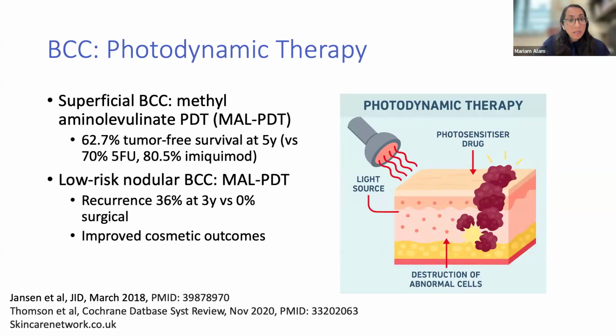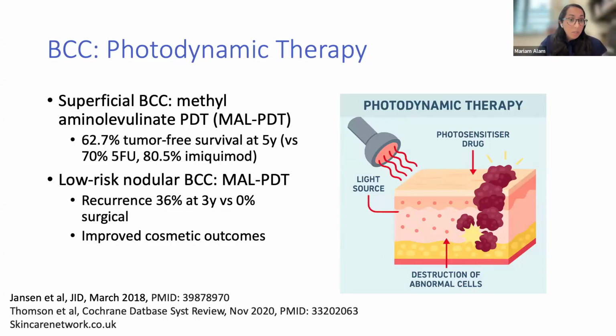There, again, is some evidence for PDT in low risk nodular basal cells. There's a higher recurrence rate, so 36% recurrence rate at 3 years, but again, has improved cosmetic outcomes. And again, when I'm thinking about older patients who have some of these non-melanoma skin cancers, it's a little bit thinking about what works best for the patient.